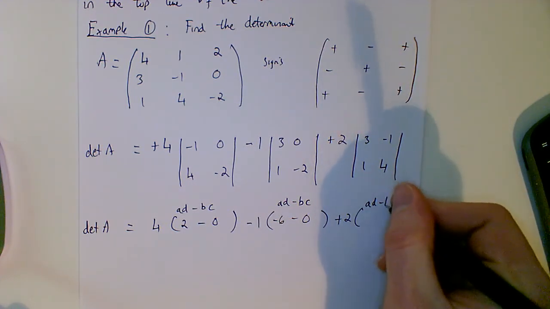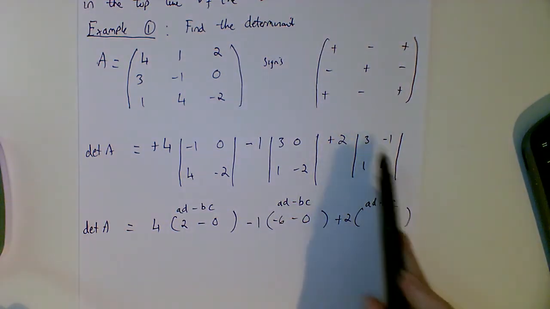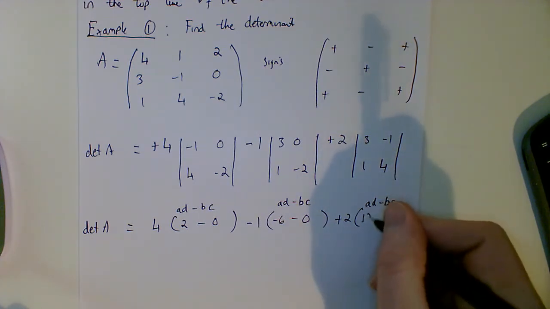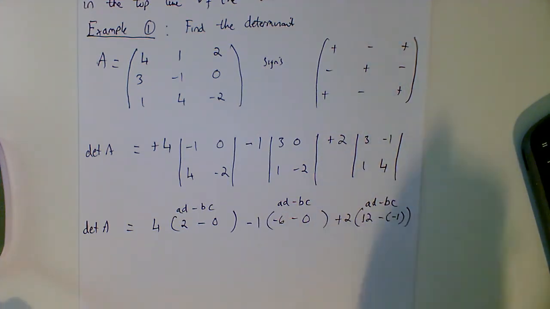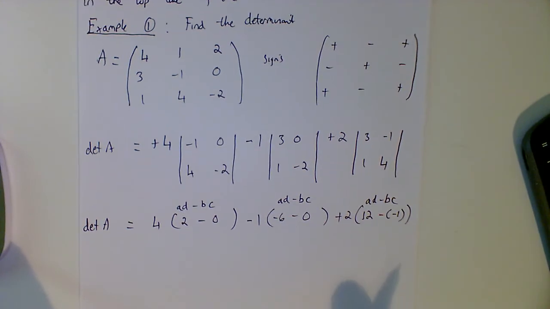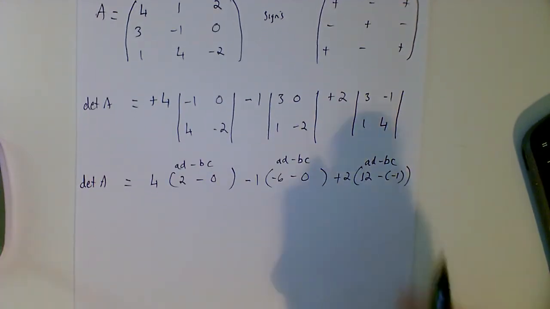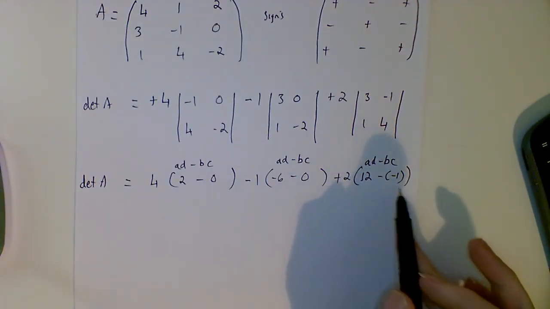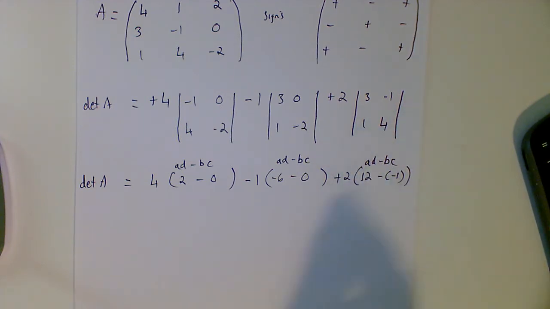And lastly, again AD take away BC, I've got 12, take away negative 1. If you know you're taking away a negative number, you could just have written that as 12 plus 1. Doesn't bother me. It's up to you how you do it.